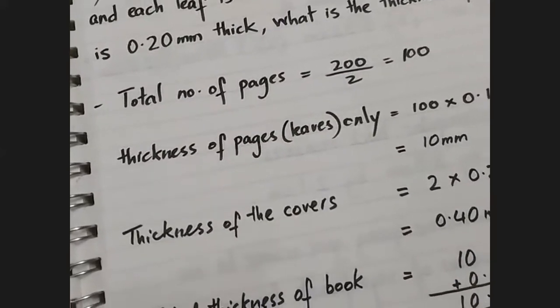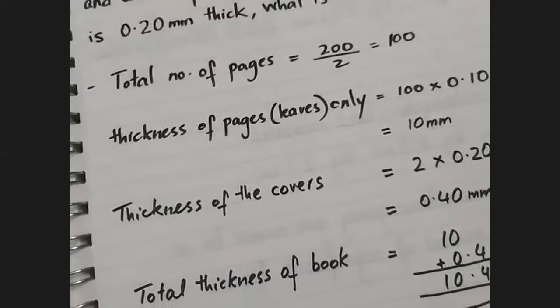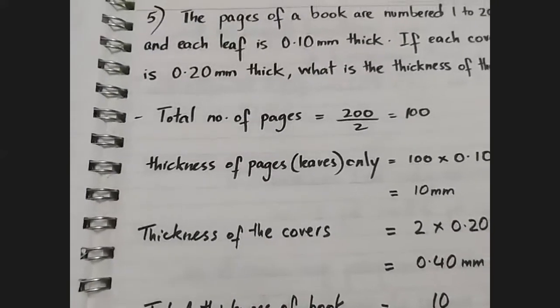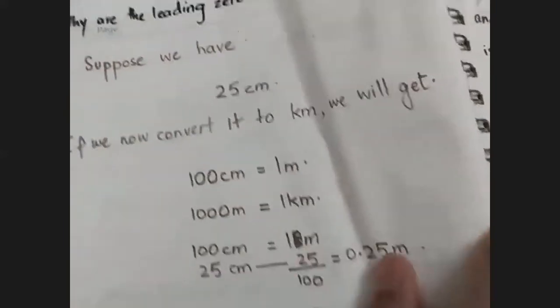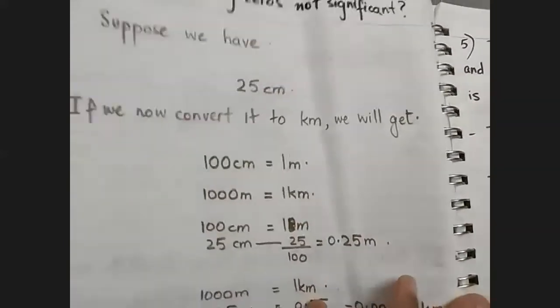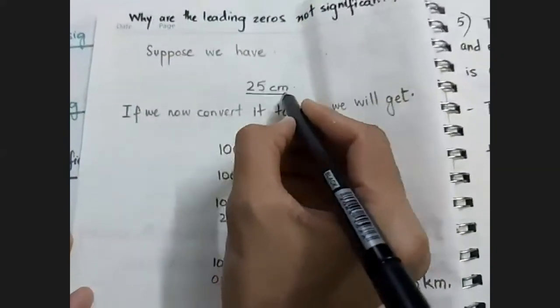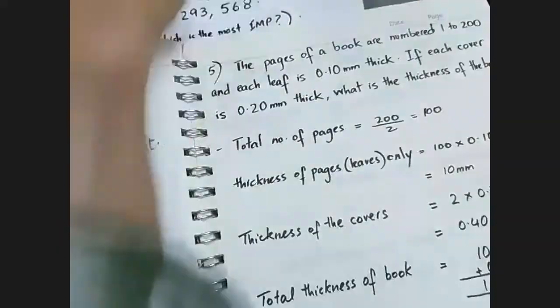So now the thing is, remember, I told you, we cannot write a number with a precision greater than what it actually is. For example, let me give you this example that I just gave you.